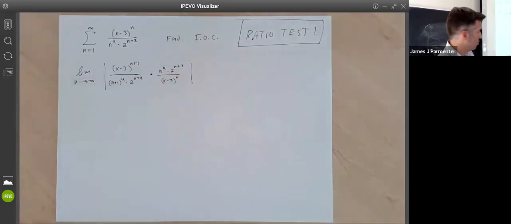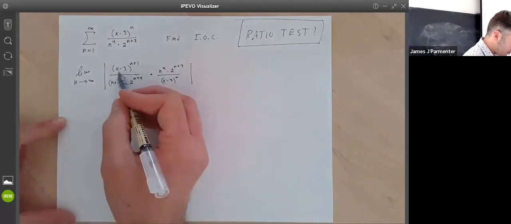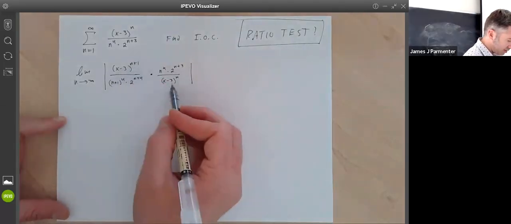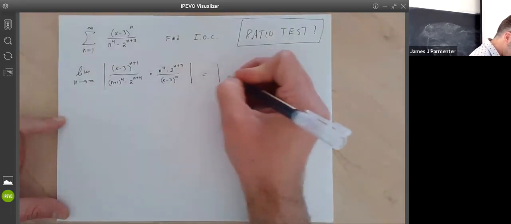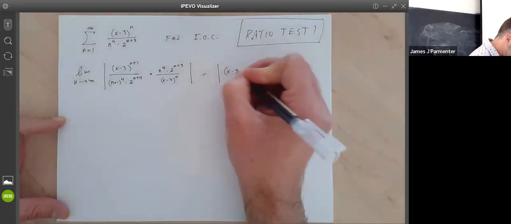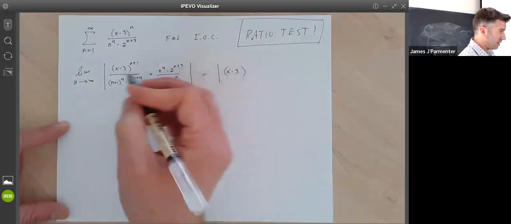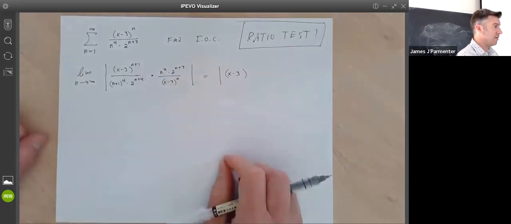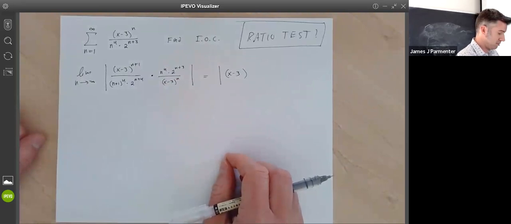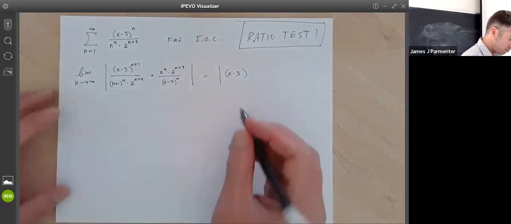Now, in my opinion, you all probably could write the answer to this in one step. (x minus 3) to the n plus 1 over (x minus 3) to the n is just x minus 3. 2 to the n plus 3 divided by 2 to the n plus 4, what's that leave me with? A 2 somewhere in the denominator.